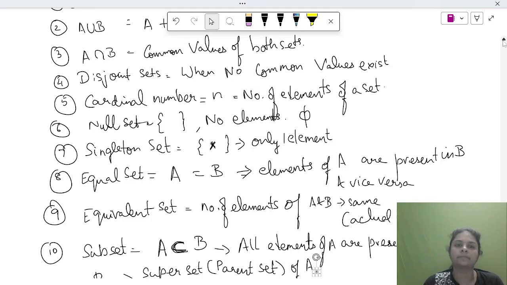Are you clear? Yes, ma'am. Okay. So now that this is complete, we have completed two parts in your module 2, which is first indices and logarithms, and then set theory.